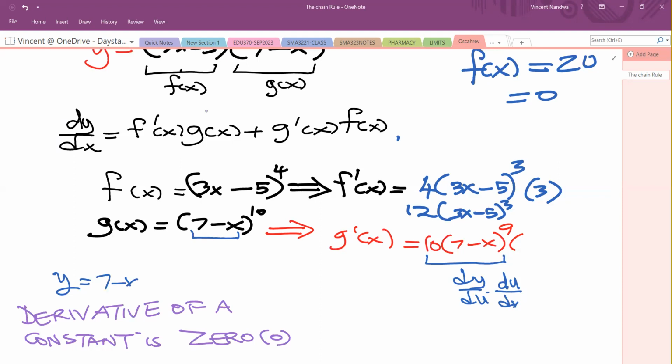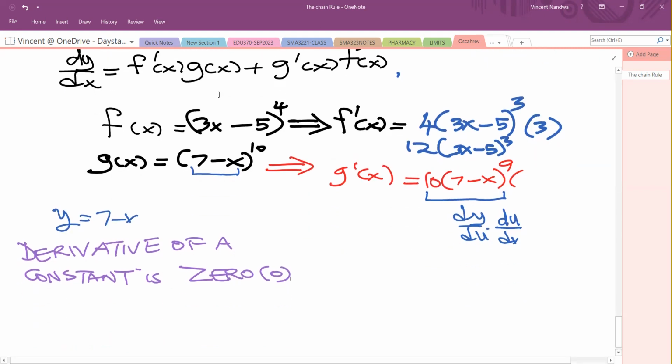Oh, no. Can't be 0. Look, this is negative x. It's like I have power 1. So when you use the power rule, how does the answer look? Just the power rule for differentiation.